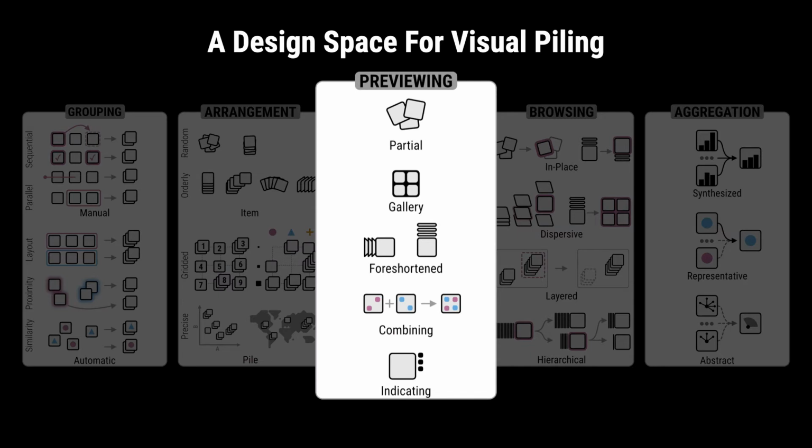To afford content awareness, piles can implement 5 different layout types for previewing items. The choice here depends on the visualization type and the application-specific tasks. For instance, partial and gallery previews are particularly useful for image data, while combining previews can be useful for scatter plots or line charts.